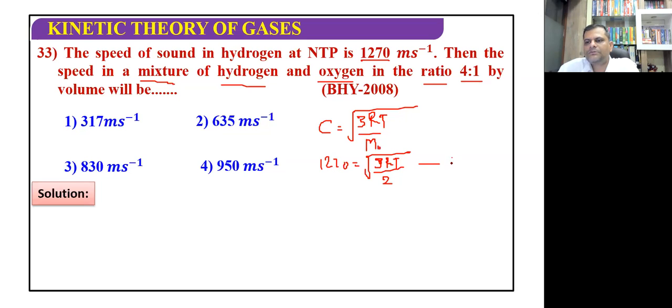Okay, give this equation number 1. But now, if suppose hydrogen and oxygen are mixed in the ratio 4:1 by volume, then what will be the number of moles first of all?